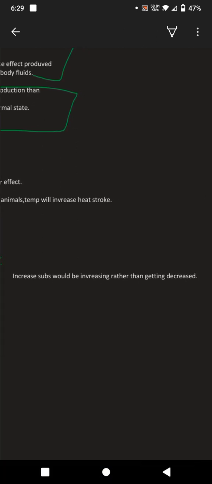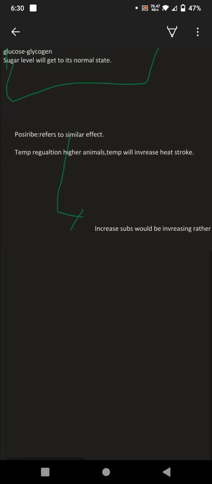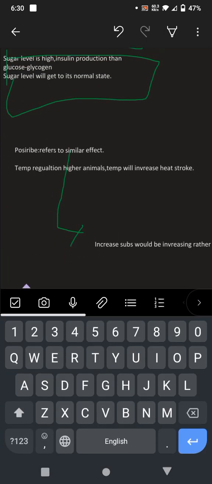Okay, so I have another example of positive feedback, which is the production of oxytocin hormone. You guys already know about our pituitary gland, that the oxytocin is released by the pituitary gland. It is a hormone that is released during labor pain, right?